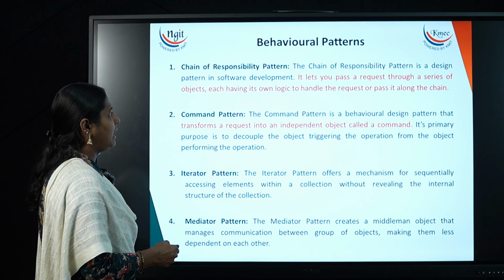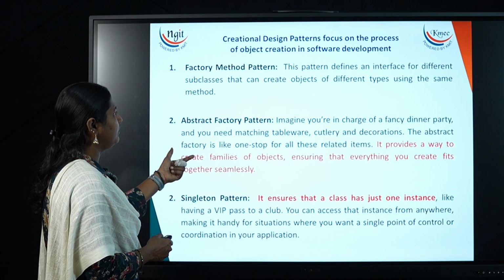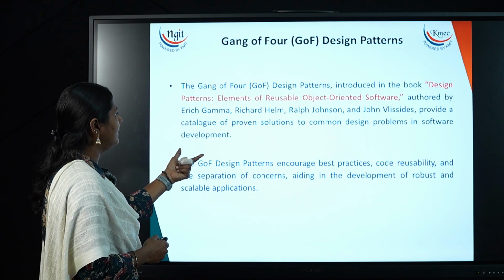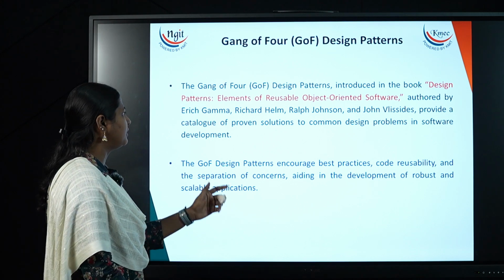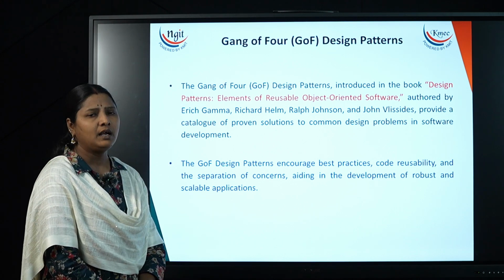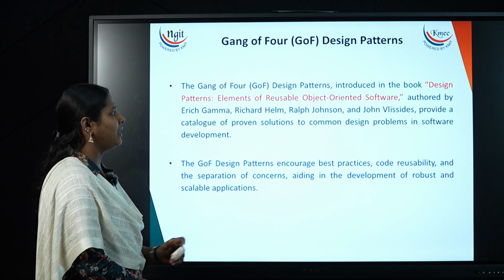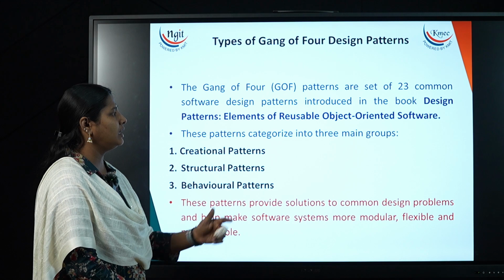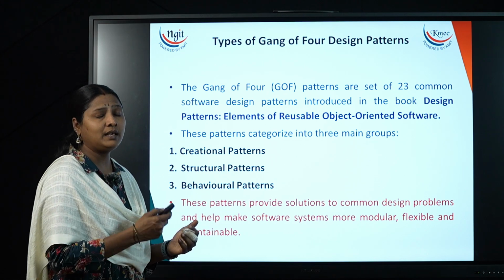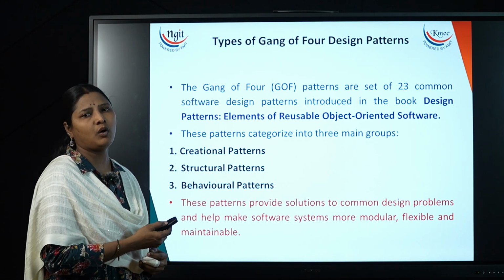As we know, this is a simple topic to understand: there are 4 authors who designed a book called Design Patterns: Elements of Reusable Object-Oriented Software. In this book, they defined 23 common software design patterns, introduced so that people can easily understand design models.